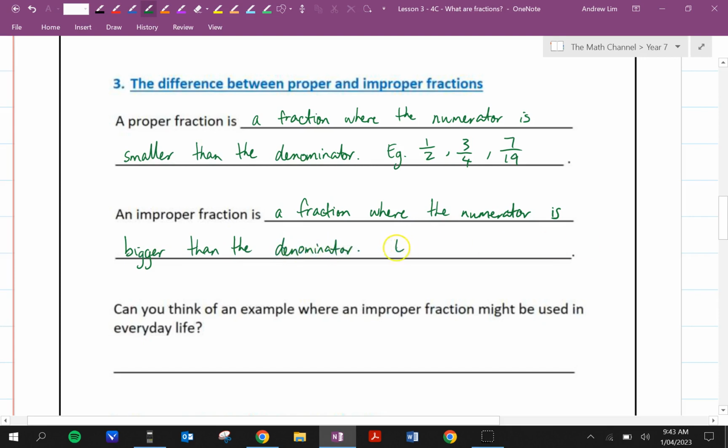For example, 3/2. 3 is bigger than 2. Or 7/5. 7 is bigger than 5. Or let's go with 21/13. The numerator is bigger than the denominator. So all of these are considered improper fractions.